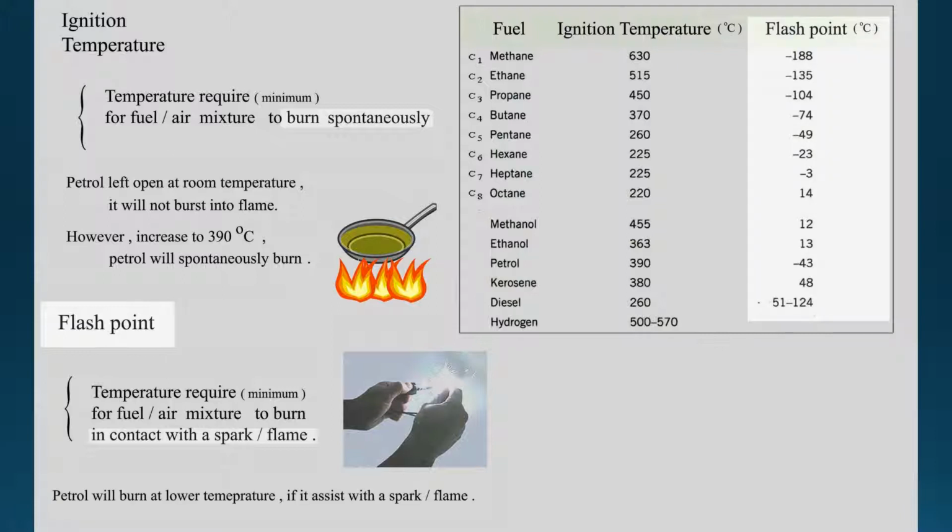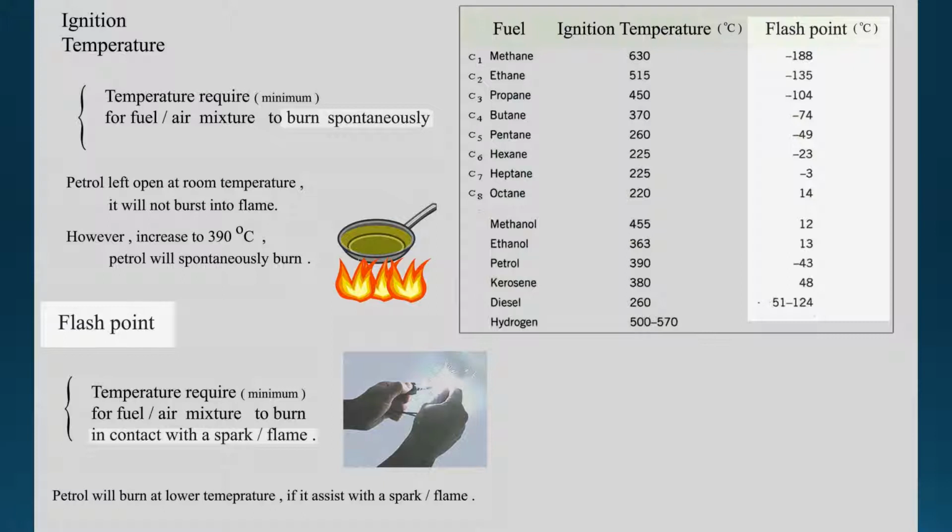So flash point is very scary. That means petrol being hot is not scary. But petrol touching a spark is extremely scary. So here is the flash point temperature to show you. Look, even in a very, very cold temperature, you see all the flash point temperatures are below zero.